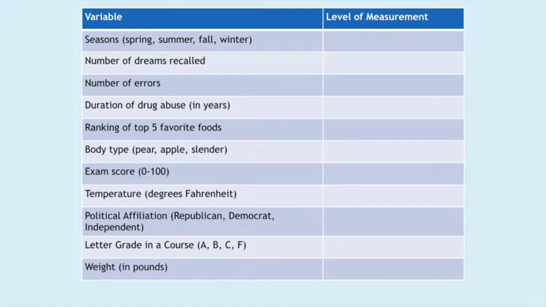Next is temperature in degrees Fahrenheit. So think of this as a really cold day when the temperature maybe is 2 degrees versus a day in the summer when the temperature is maybe 95 degrees. How is this measured? Continuously, because it's a range of numeric values. Next, let's look at political affiliation, with the categories of Republican, Democrat, and Independent.